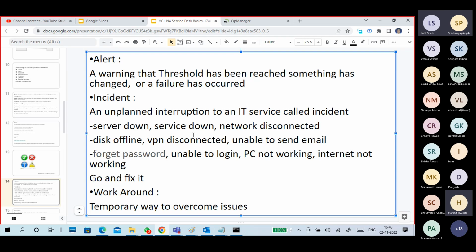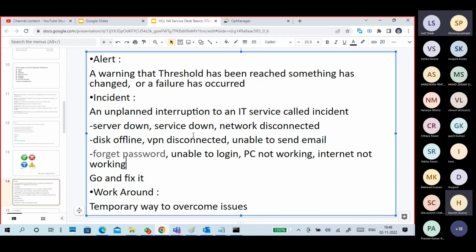That is called a workaround, a temporary way to overcome the issue. It does not mean you have to do only temporary stuff. It is not like that. Immediately you have to do certain things to stop further spreading or impact.